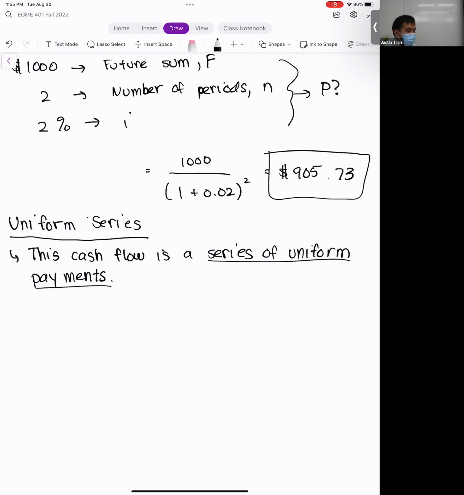And so unlike the present sum and unlike the future sum, this is actually a recurring payment. And so this is one that occurs at multiple instances of time instead of just one. Okay.